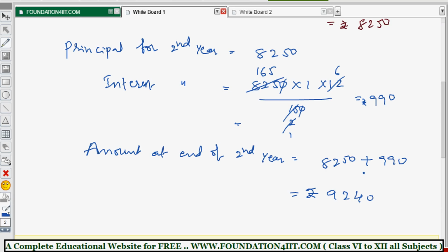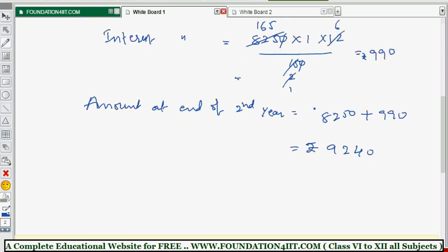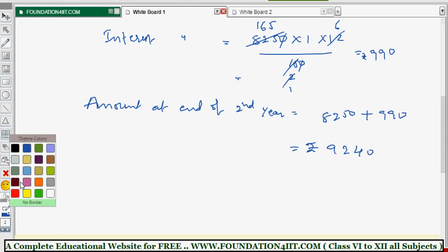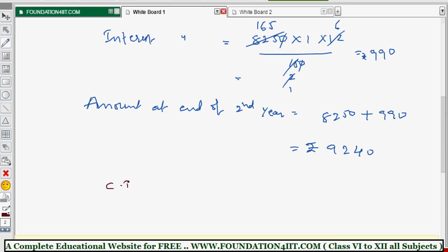So if you want compound interest for 2 years, the total final amount minus original principal we will take. Therefore compound interest for 2 years. Even if the rate of interest is changed, you can take account of that. Now 9,240 is the final amount, the original principal is 7,500 as given.